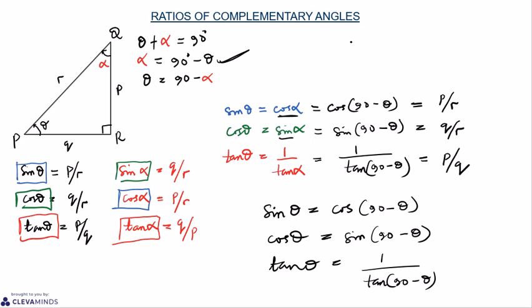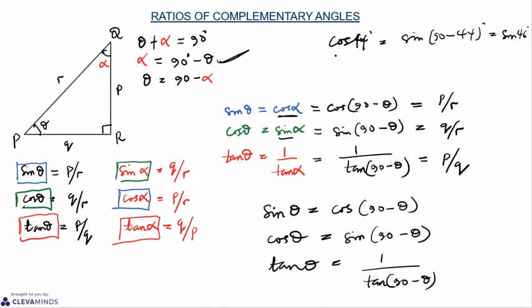The application of that is when we have something like cos 44, for example. Cos 44 gives us sine 90 minus 44, and that gives us sine 46 degrees.